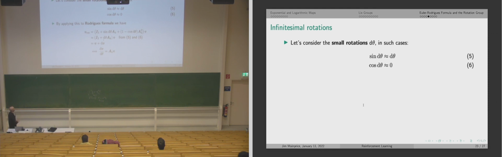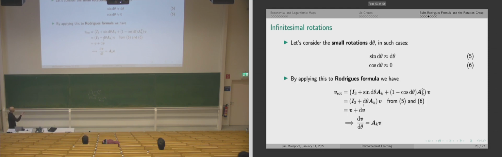So if we plug that into the Rodrigues formula that we just saw, the one that rotates the vector, we have that sine is equal to d theta, and cosine is equal to 1, sorry, that's a typo here. So cosine theta, because it's flat, it's going to map to 1.